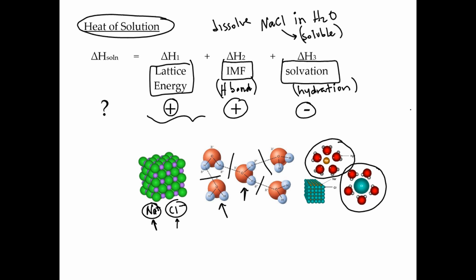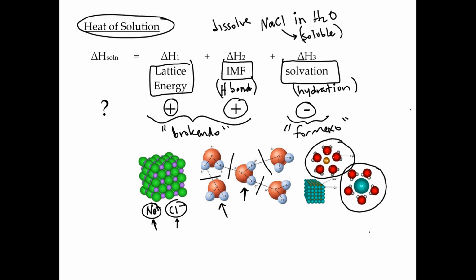So remember, we learned with bond energy that breaking bonds is endothermic, and this one is going to be exothermic because you make bonds. So the combination of these three, plus, plus, and minus, is going to determine if the overall heat of solution is going to be positive or negative.